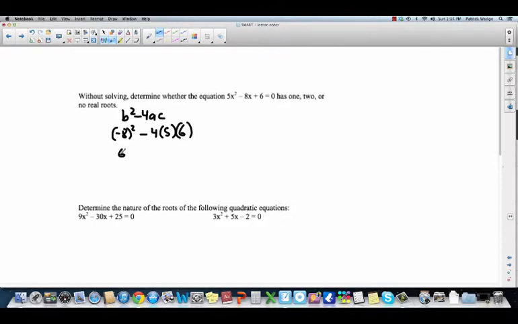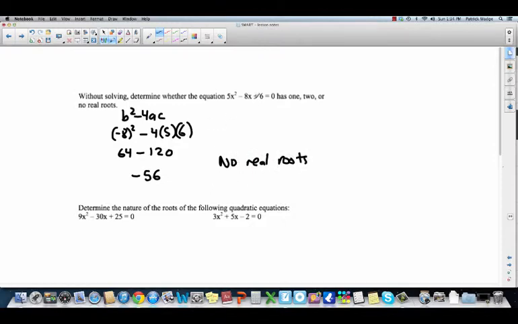And that gives us 64 minus 4 times 5 is 20, times 6 is 120. It doesn't even matter what the answer is so much, just whether it's 0, positive, or negative. And 64 minus 120 is definitely negative, something like negative 56. So how many roots are there? No real roots. It's less than 0, so there's no real roots.